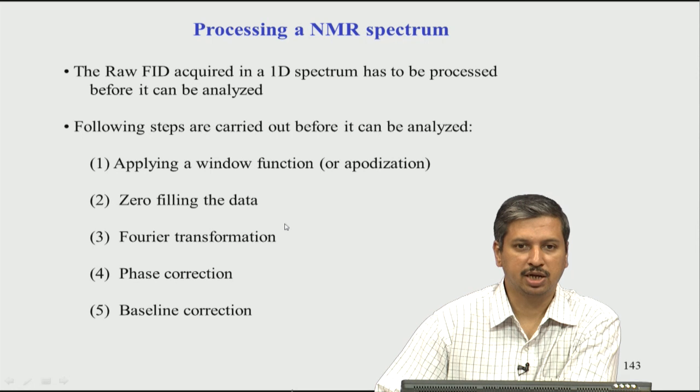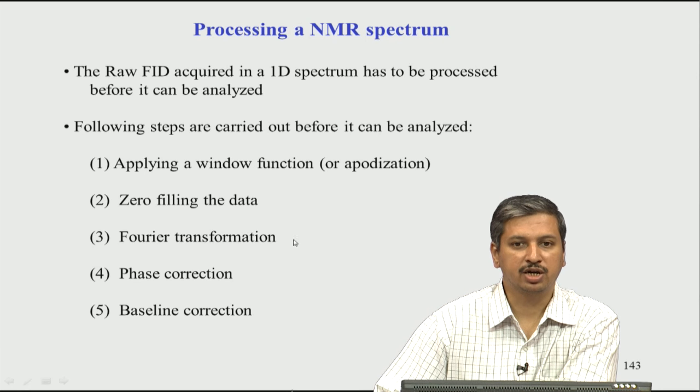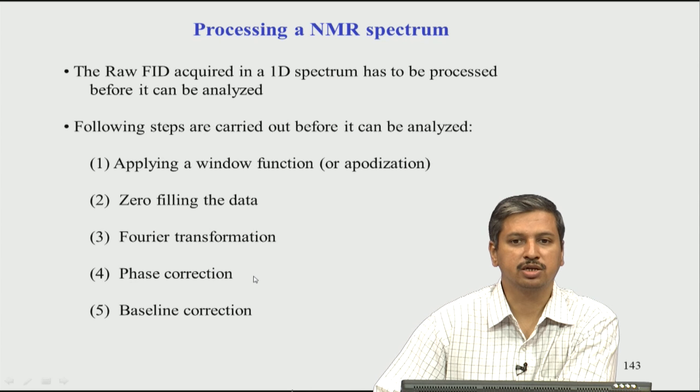This is a mathematical technique, which is why the word FT-NMR is used, but even after Fourier transform, the data is not completely ready to analyze, because there are certain things we have to further do on this NMR spectrum, and finally after all these steps, we say that the spectrum is ready for analysis. So, we will see these steps now one by one.